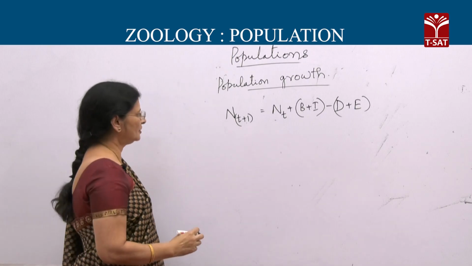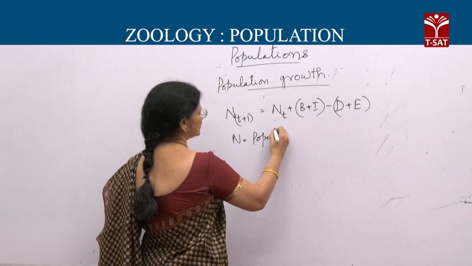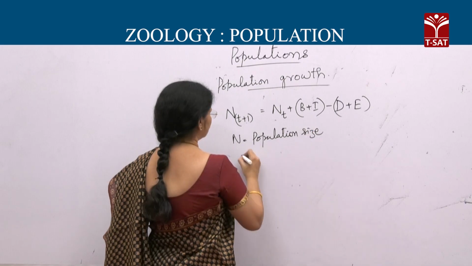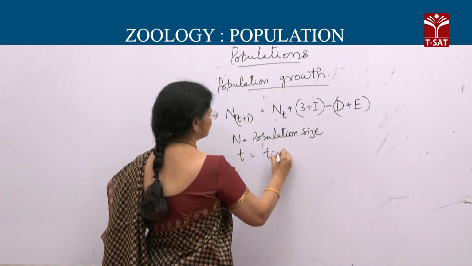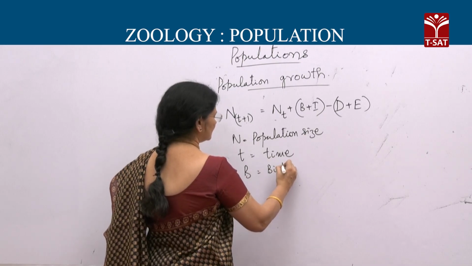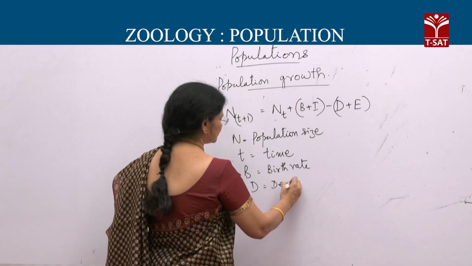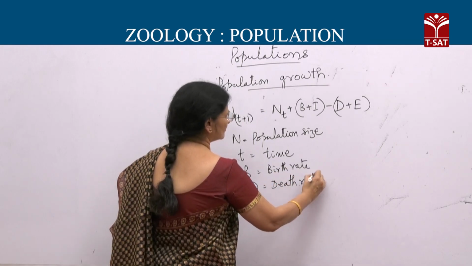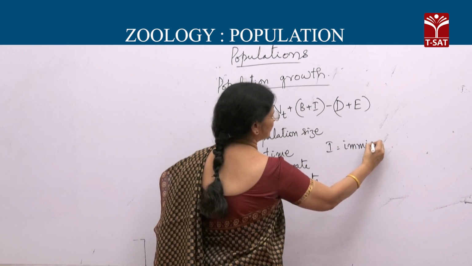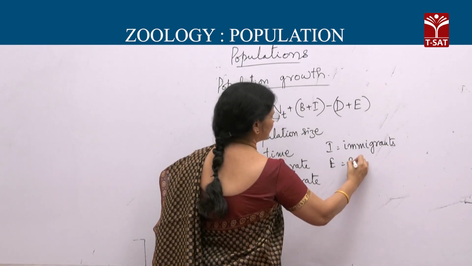In this formula, N is equal to population size or density, t is equal to time, B is birth rate, D is death rate, I is immigration, immigrants, E is emigration.